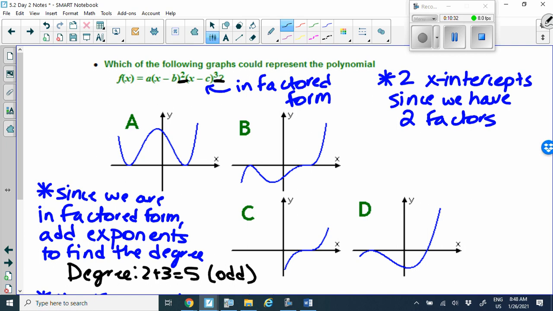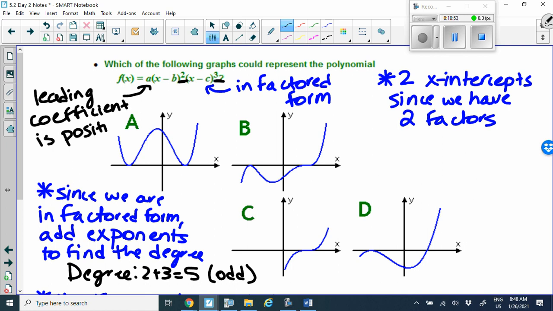That's when we think about, okay, which way do the arrows face? Now we also have to think about our a value, or the leading coefficient. So the leading coefficient is positive. So when we have an odd positive, which way do our arrows go?